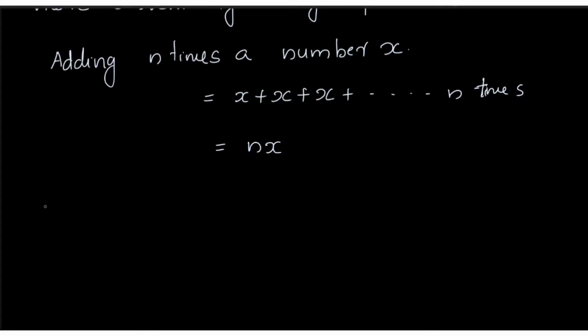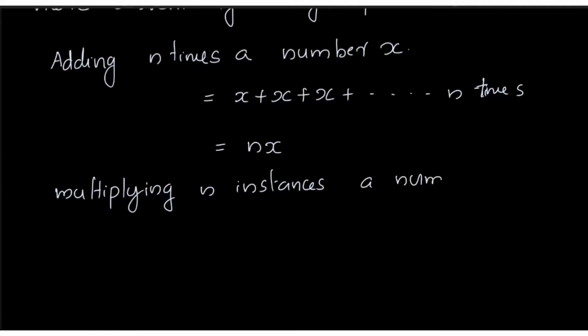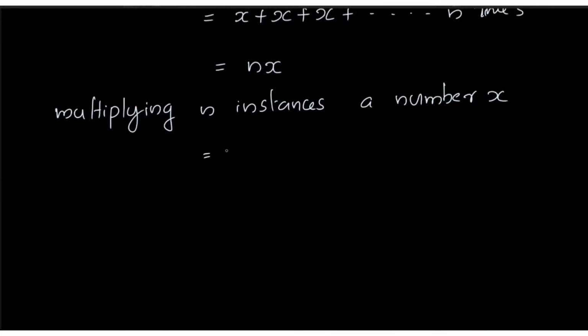If we multiply a number x, n times, it can be represented like this: x into x into x into, and so on, n times. This repeated multiplication is expressed as exponents.